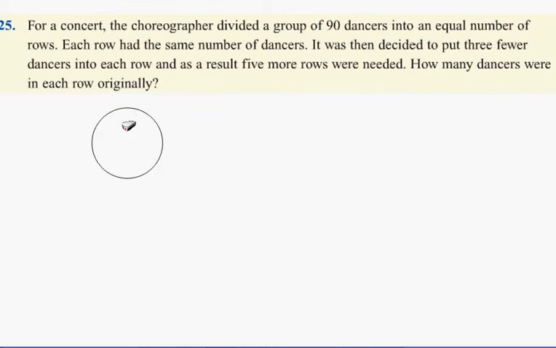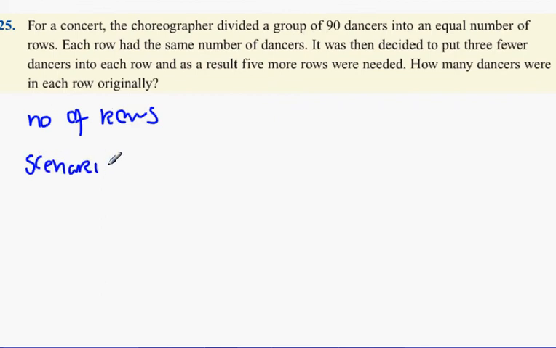Okay, let's do this question by number of rows. There's going to be two numbers of rows: number of rows, scenario 1, and number of rows, scenario 2. Now, what it wants us to find out is, it was decided to put 3 fewer dancers into each row.